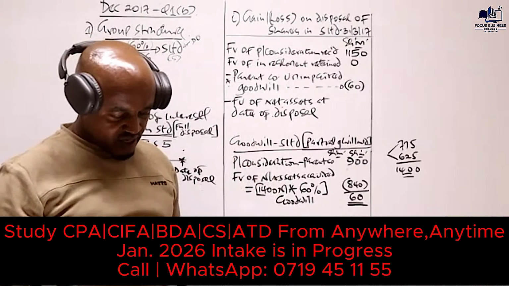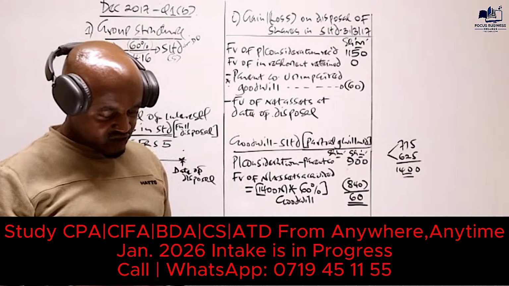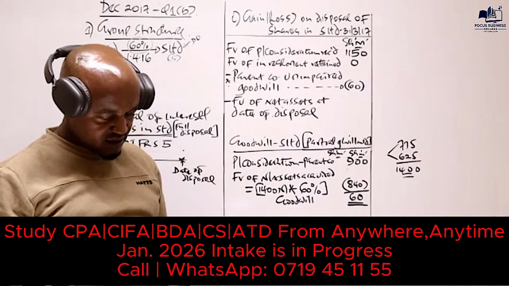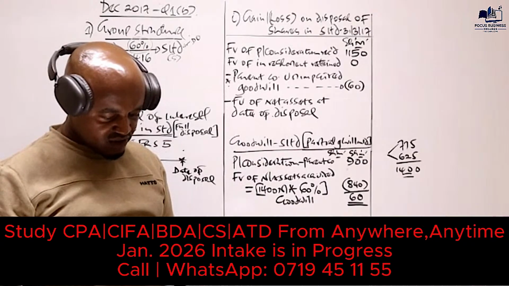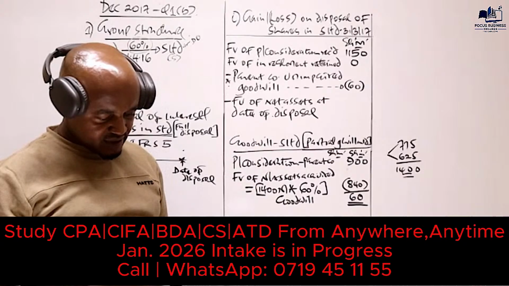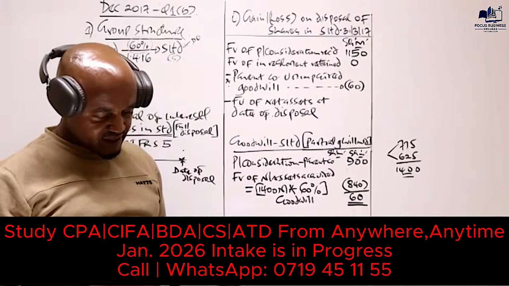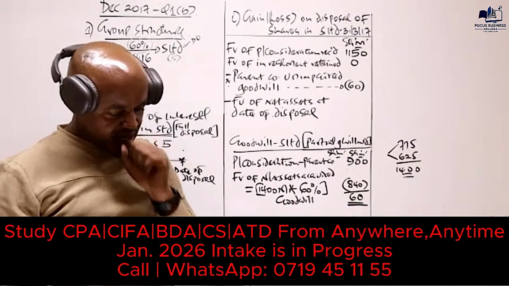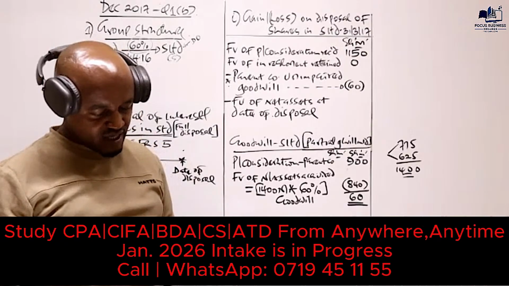No. Note number 5, we are told on 1st of March 2017, S Limited declared interim dividends. Then number 6, we are told all expenses and gains are assumed to accrue evenly. And then you're told the interest on the 5% loan is payable in arrears. No payment had been made or provided for. I'll explain why we are given that information.